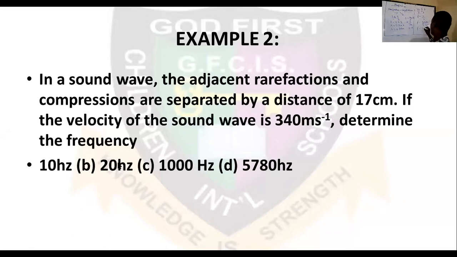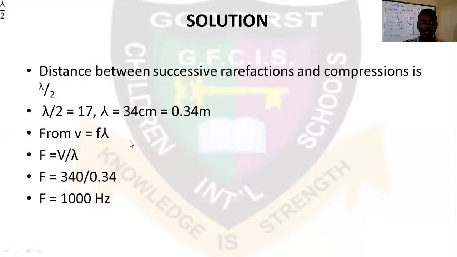So F will give me 34000 over 34. So my F will give me 1000 hertz. So let's see whether that's the answer. 1000 hertz. So the distance between successive rarefaction and compression is lambda over 2. Rarefaction to rarefaction should give you lambda.